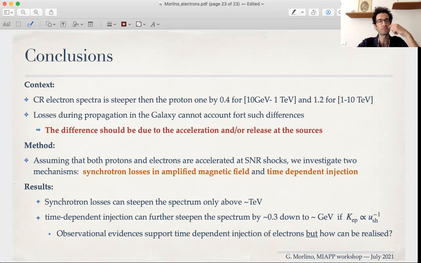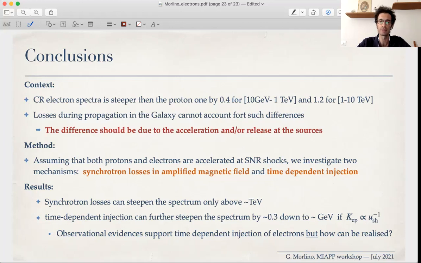So in this paper we have assumed that both protons and electrons are accelerated at supernova remnant shocks, and we investigated two possible mechanisms that can produce this steepening: synchrotron losses due to amplified magnetic field, either amplified by cosmic rays or by MHD dynamos, and a time-dependent injection of electrons.